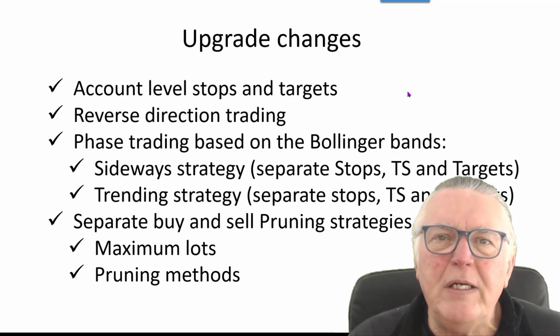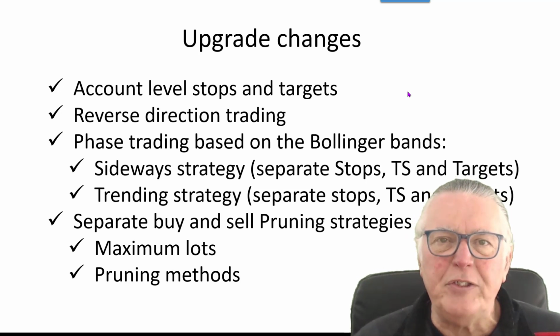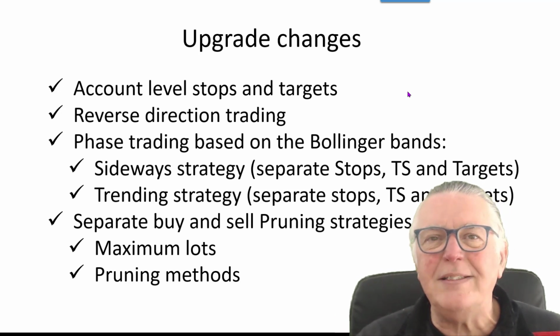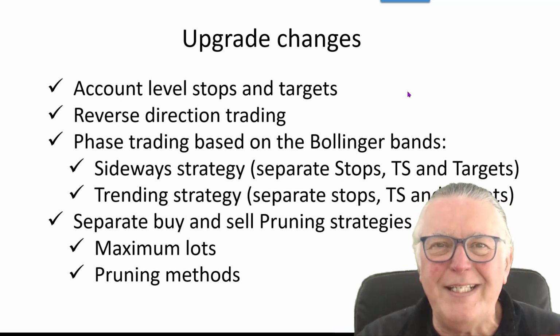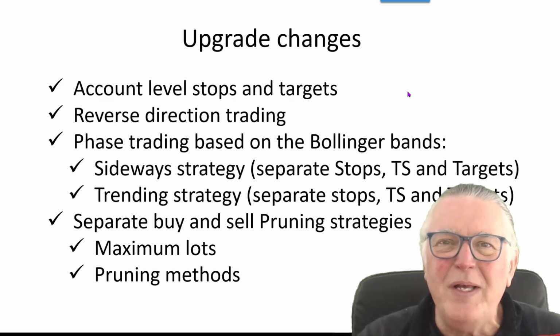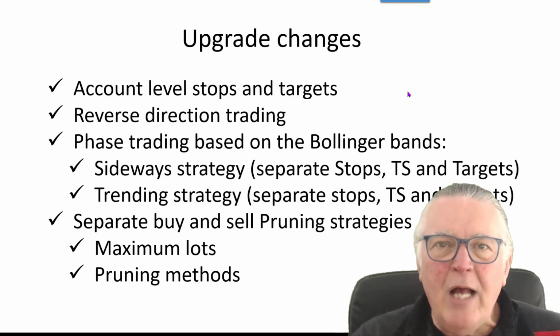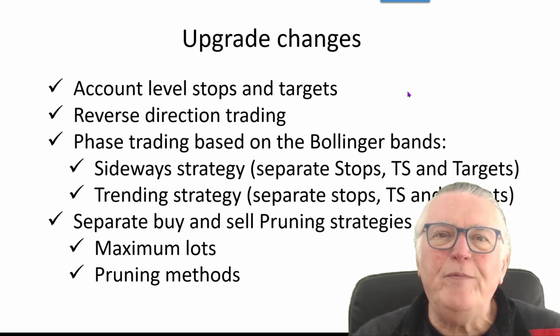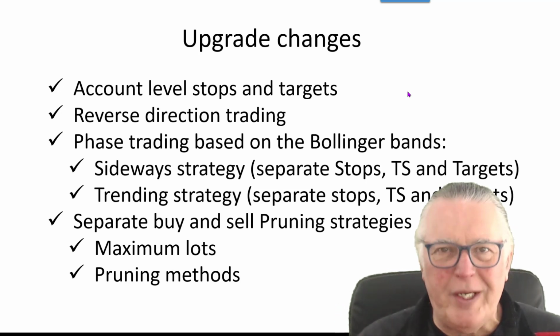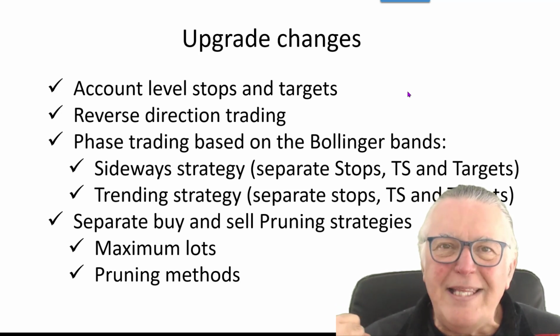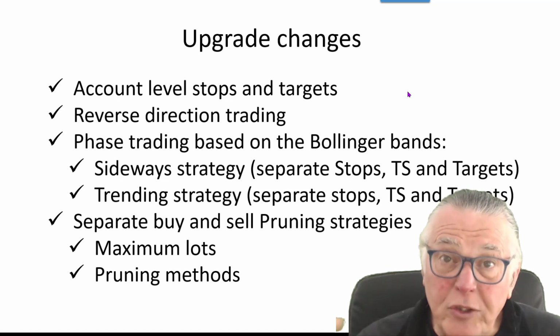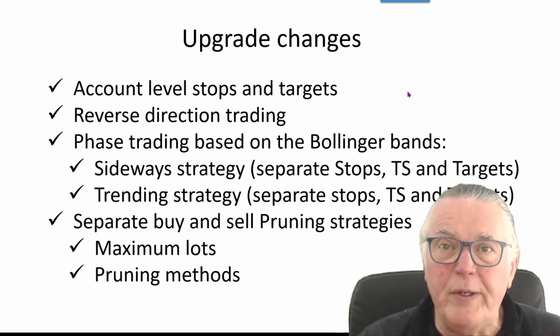Also, we've introduced reverse direction trading, and the reason for that is that all of our EAs have got that setting and we just left it out of this particular one. Now the big change is we've introduced phased trading, and that is based on the Bollinger Band, and you'll see why we are using the Bollinger Band in this particular case.